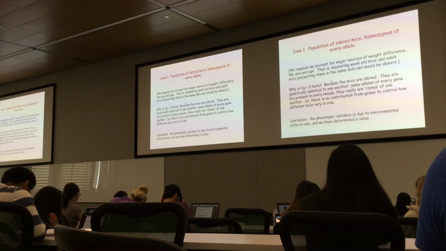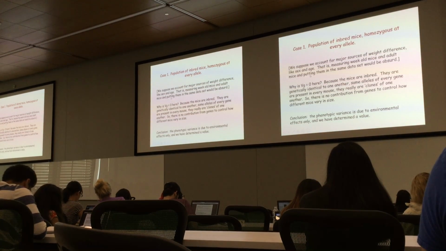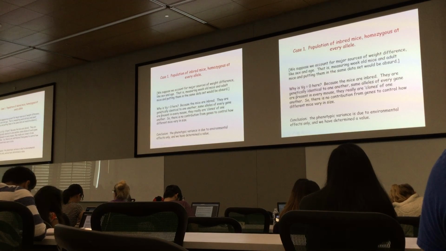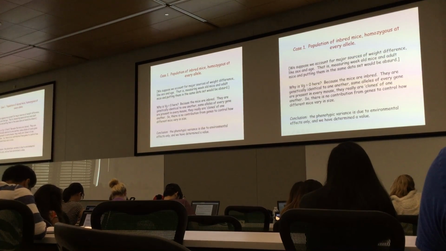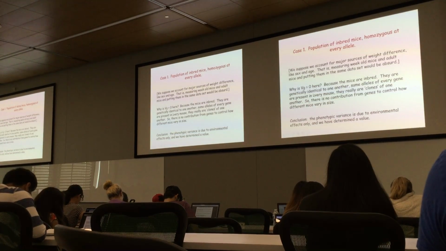We'll talk a little bit more about inbred organisms later in the course. They're pretty interesting, but inbred means they're genetically identical to one another. They have the same alleles of every gene present in every mouse. They're homozygous. They're clones of one another. There can be no genetic variation, at least in terms of sequence, for these inbred mice. So that's why we set that at 0.